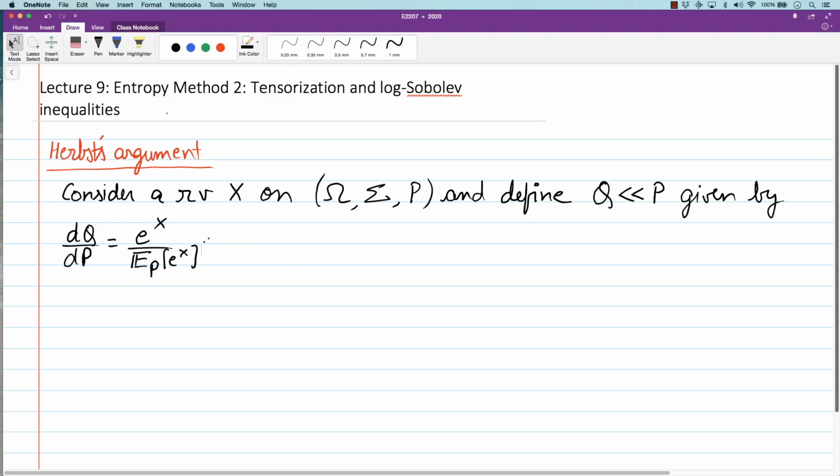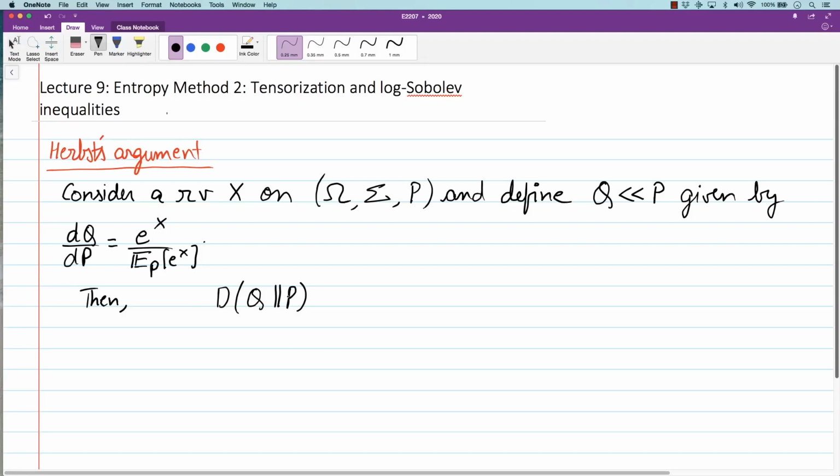Then we showed this very nice formula for the divergence between q and p. Last time we were writing this whole thing in a slightly different way. The measure q we were looking at was e to the power t times f of x, but it's exactly equivalent.